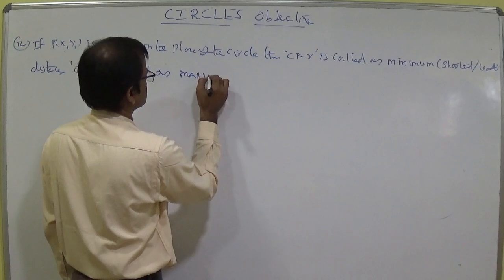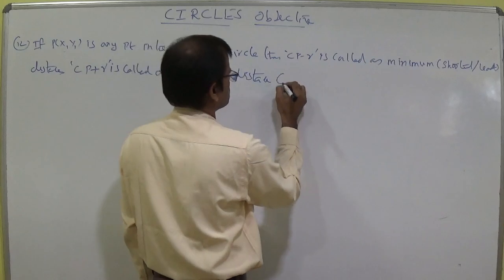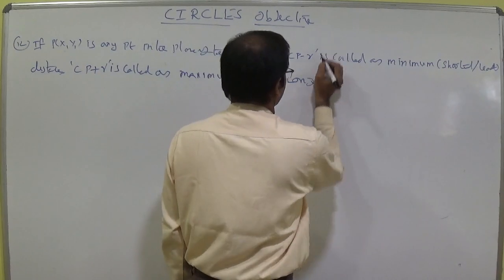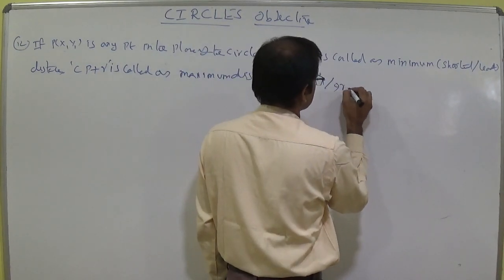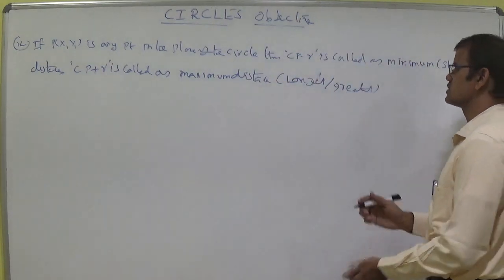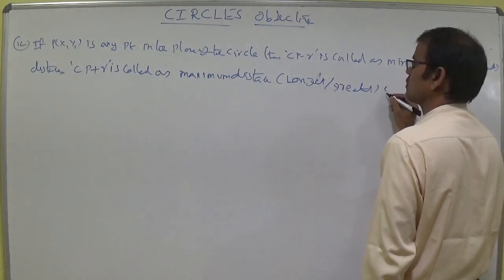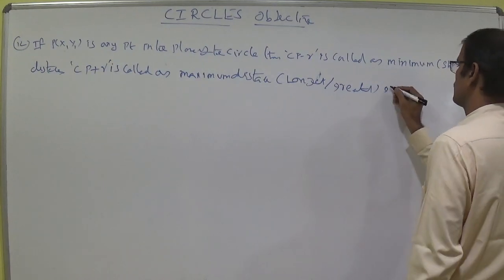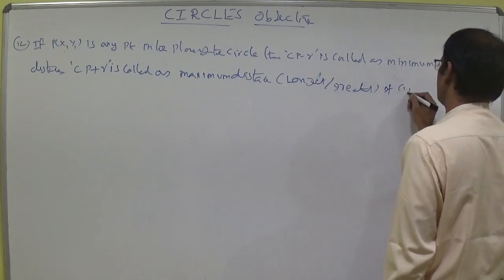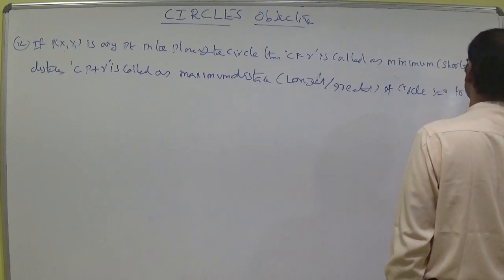CP plus R is called as maximum distance or longest or greatest distance of a circle S equal to 0 to a point P(x1, y1).